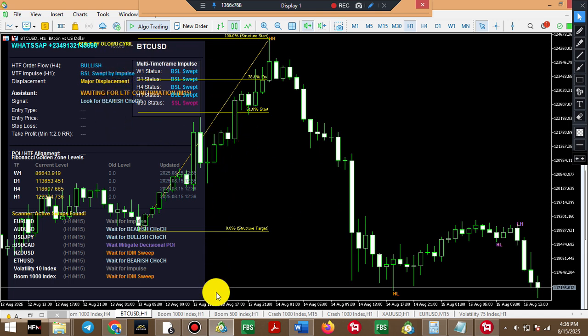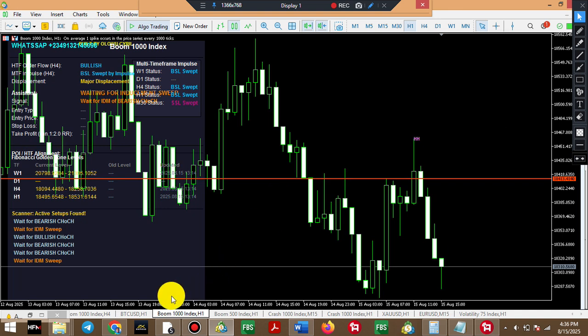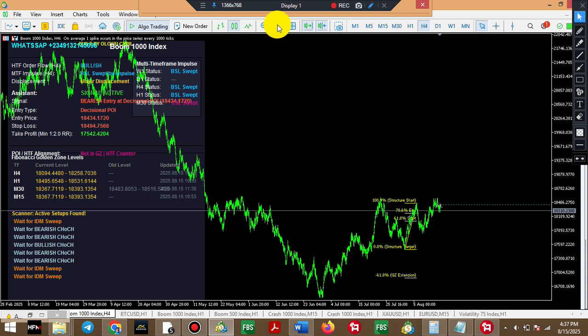Then I have one on Boom 1000. Yeah, this is one that generated a signal and the signal has been on profit for the past 1 hour. It's a sell signal. So for the past 1 hour, it has been on massive profit.